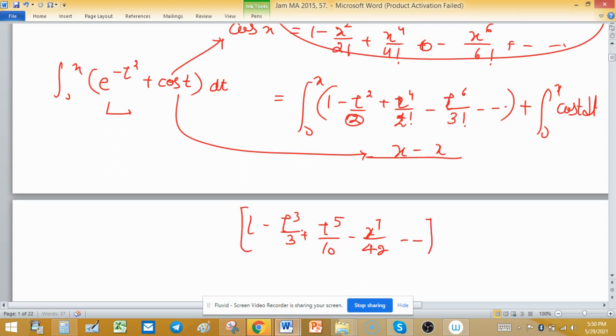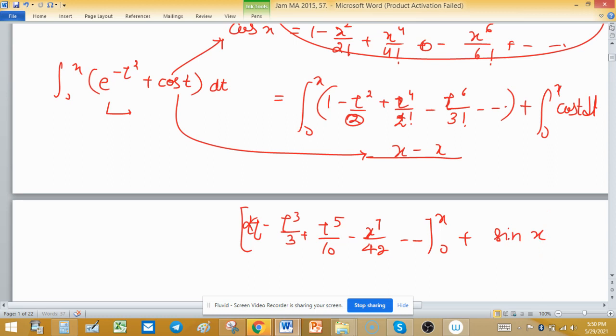The limit is from 0 to x, and the cos part gives sine x, because the integration of cos t is sine t, with t replaced by x.